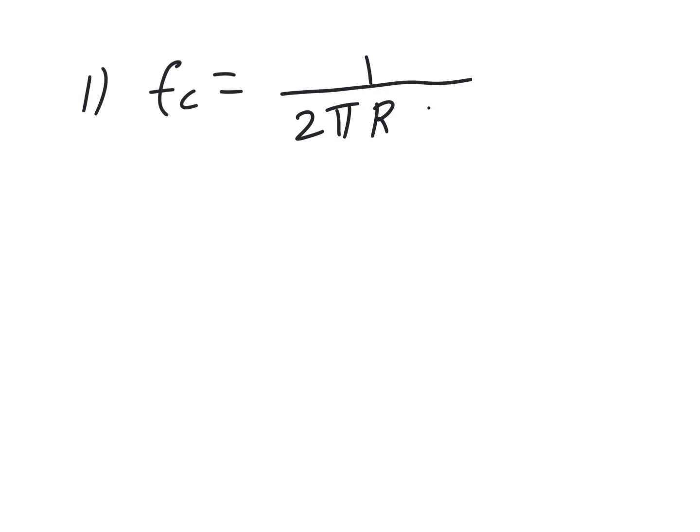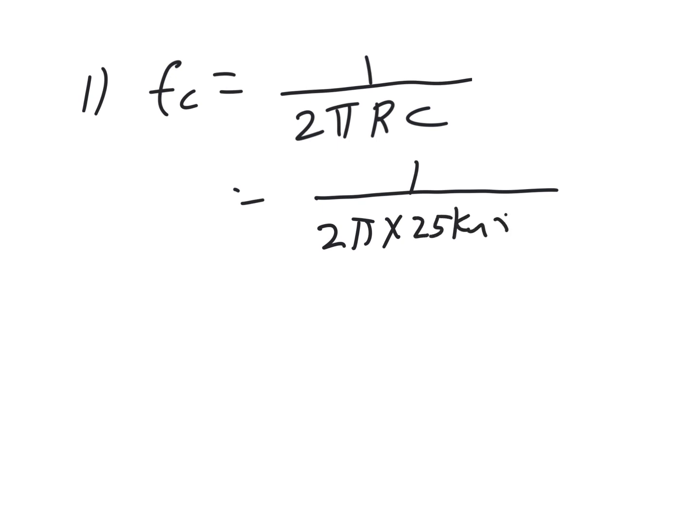Okay, so the critical frequency FC is 1 divided by 2 pi RC, and so that's going to be 1 divided by 2 pi times 25 k ohms.